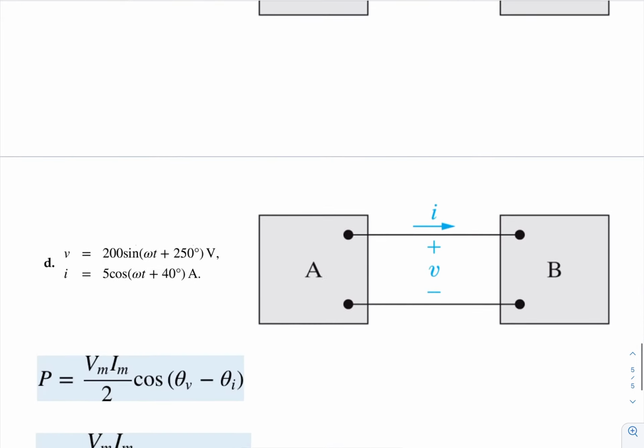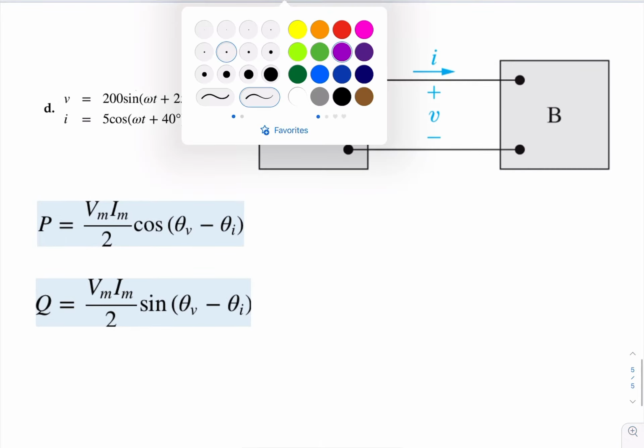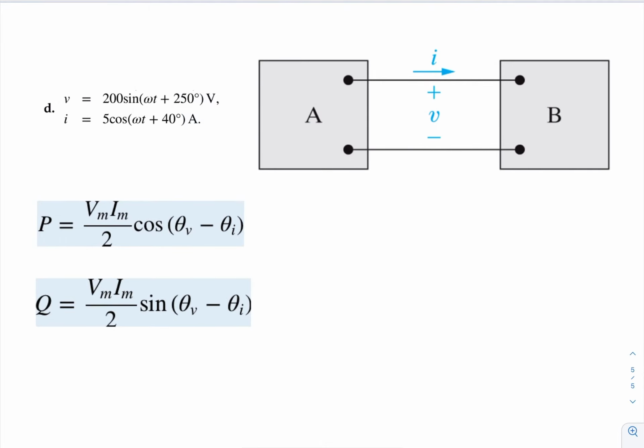Okay. All right, D. This time our voltage is expressed in terms of sine, so let's change that out. So voltage is equal to 200 cosine(omega t plus 250 degrees minus 90 degrees).